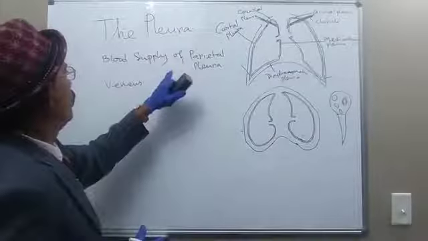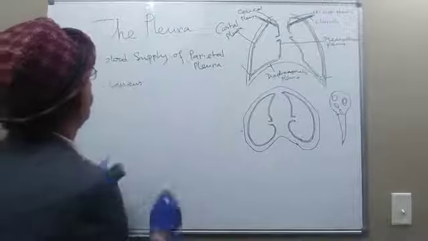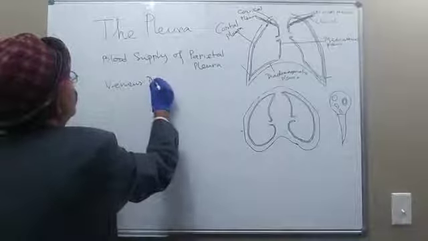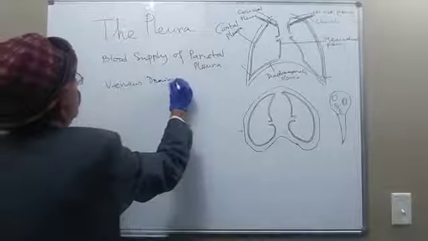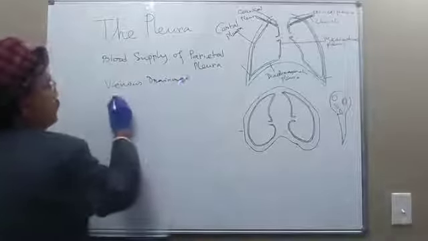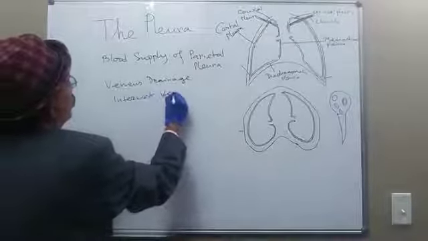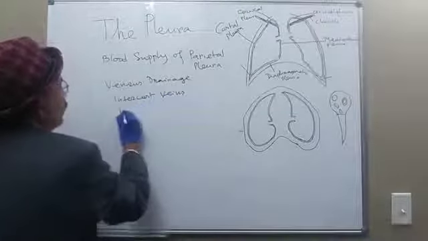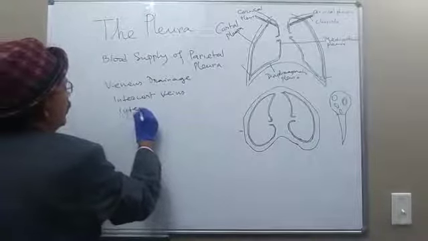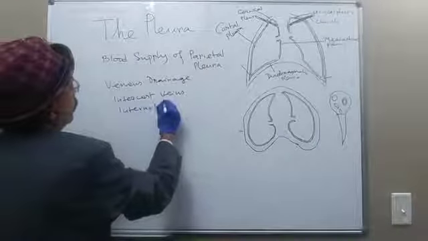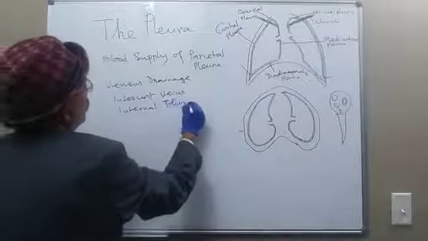Venous drainage will go to the intercostal veins and the internal thoracic vein.